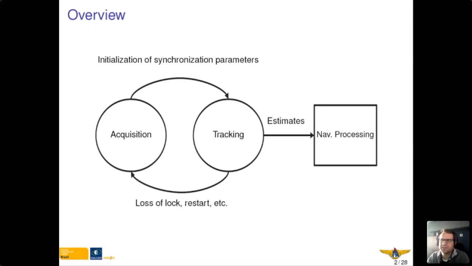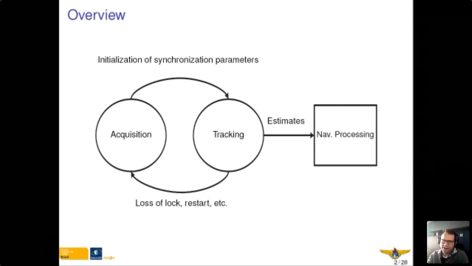Acquisition is maybe the most complex part from a computation standpoint, because we have to do a high number of operations in the grid search and the search over satellites.